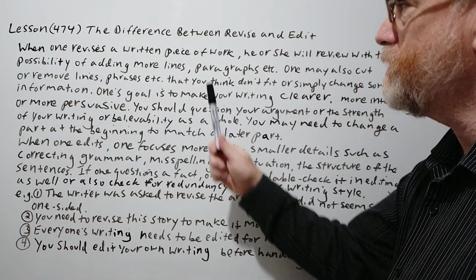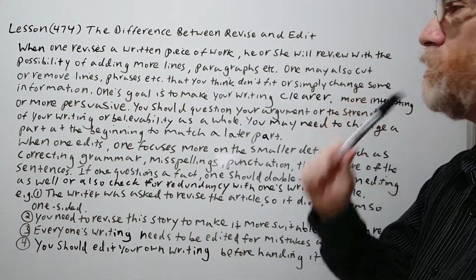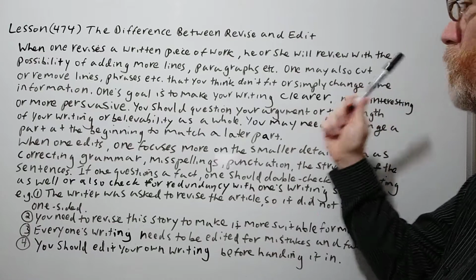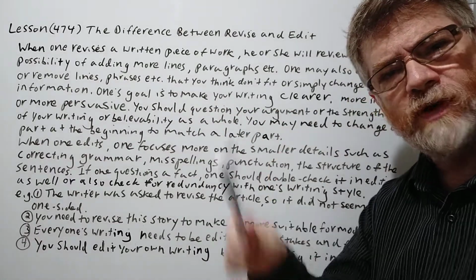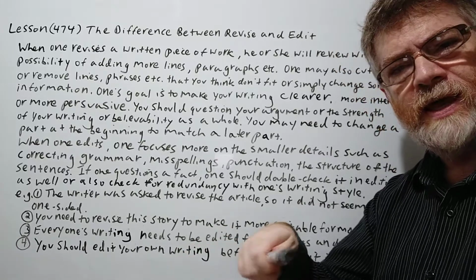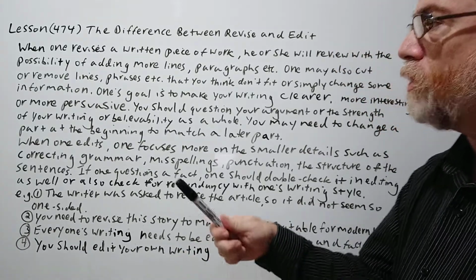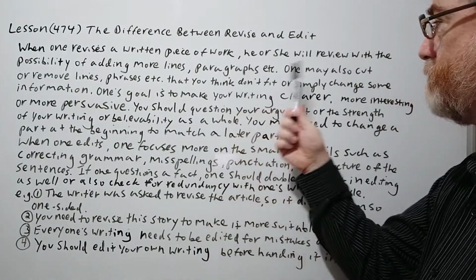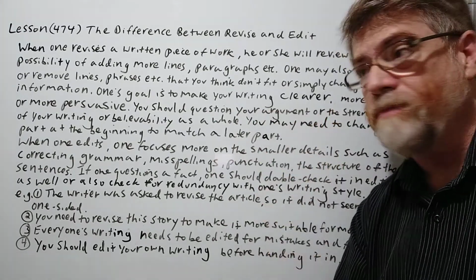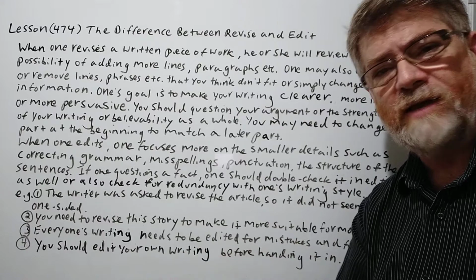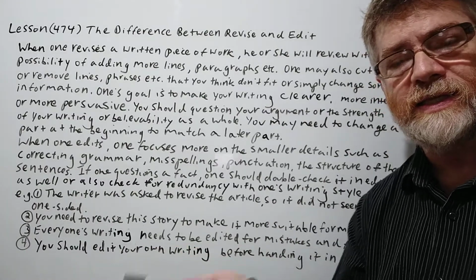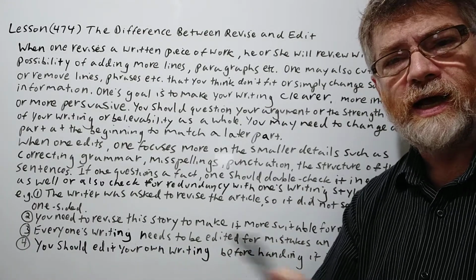When one revises a written piece of work, he or she will review with the possibility of adding more lines. You might have thought of new material that might make it better, so you might add more lines, paragraphs, etc. One may also cut or remove lines, phrases, etc. You might get rid of a whole line and say, well, I don't really need this, it's kind of useless.